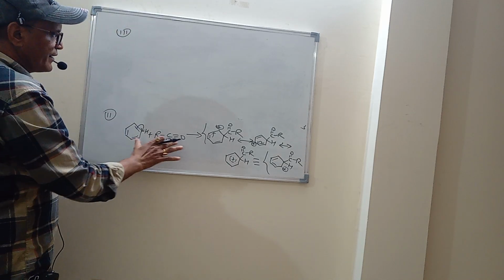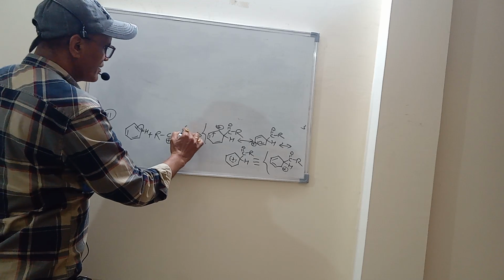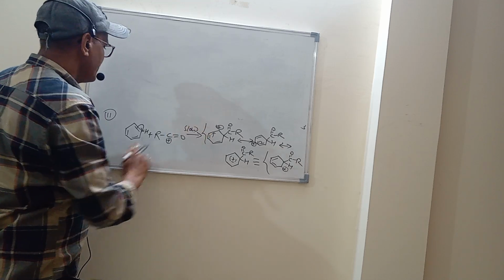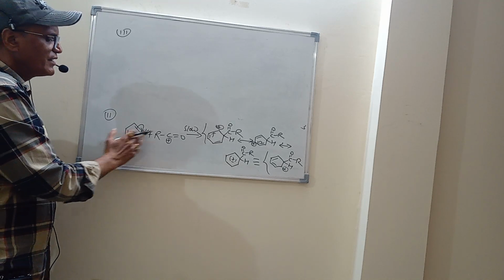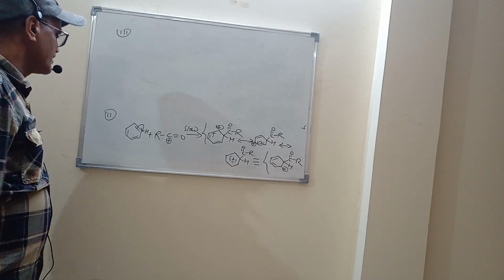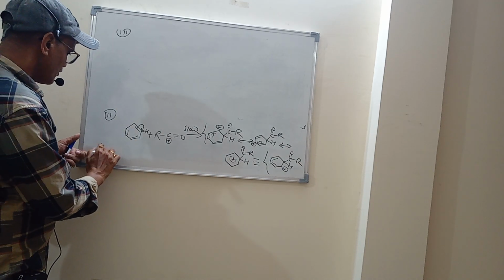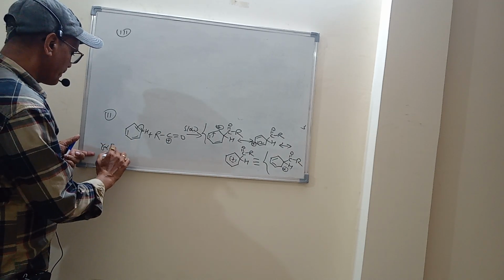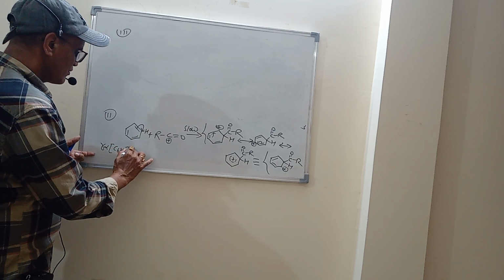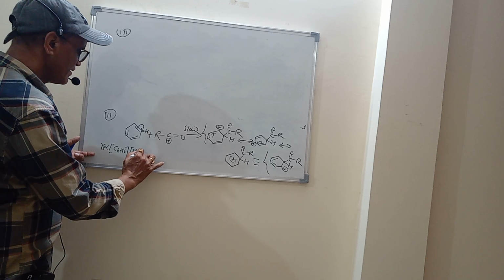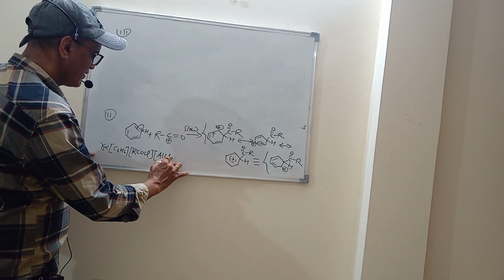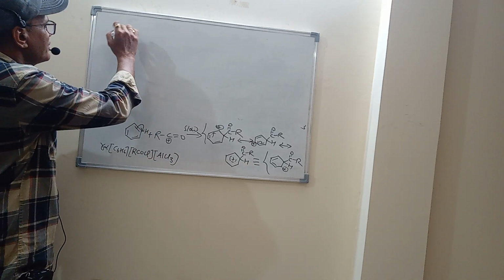Again, this second step is slow. So the rate determining step will depend on benzene, acid chloride or acid anhydride we have taken, and the Lewis acid catalyst. So the rate here will be proportional to benzene and acid chloride or acid anhydride and this catalyst.